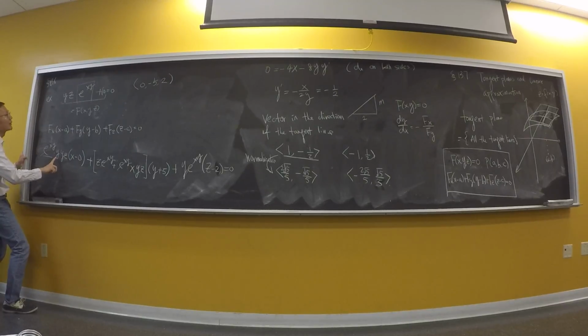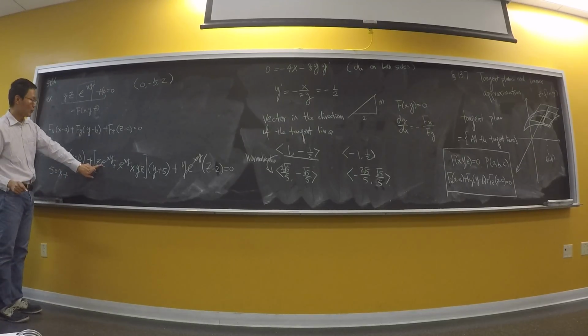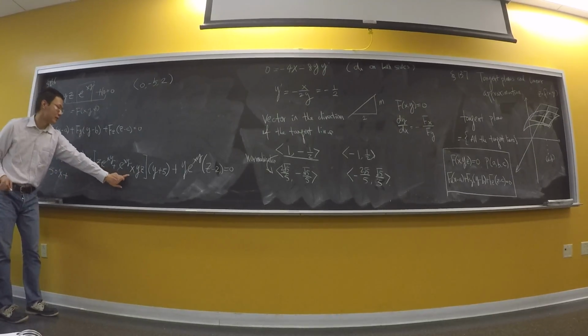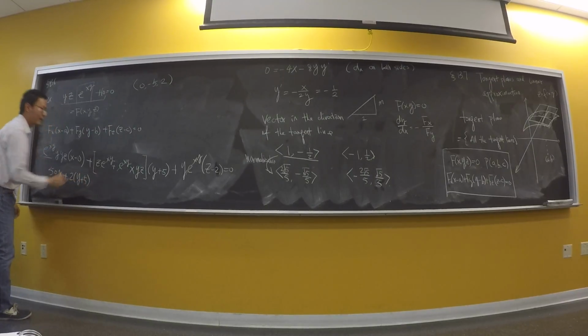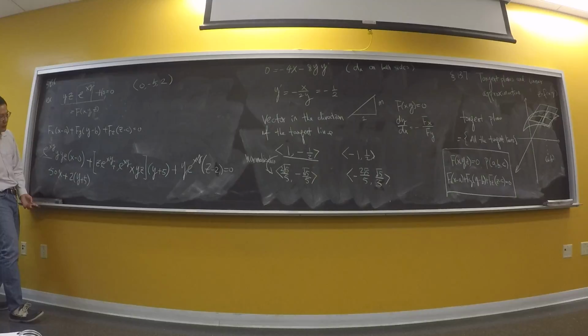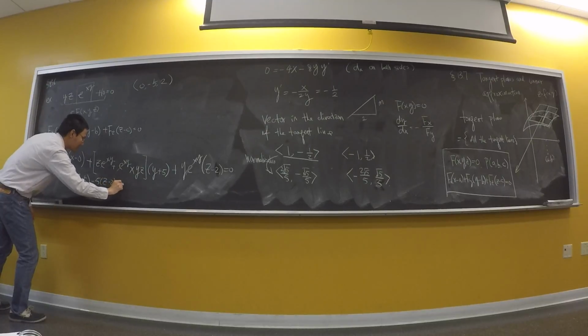It's going to be 50 times x, plus 2 plus 0, so it's 2 times y plus 5. What's at the very end? Just -5 times z minus 2 is equal to 0.